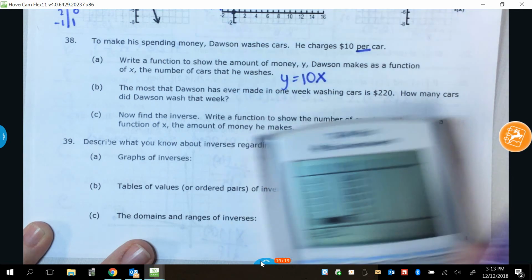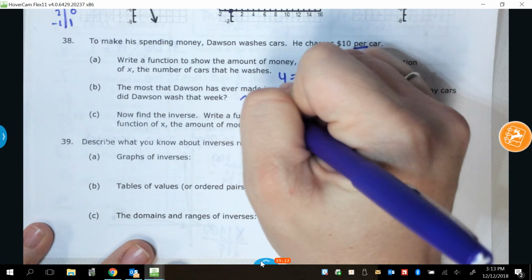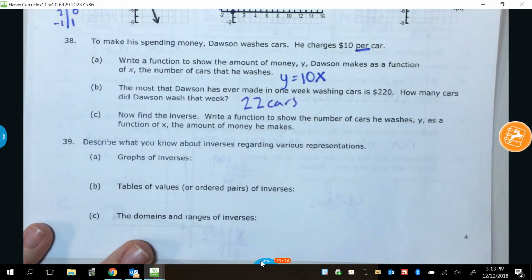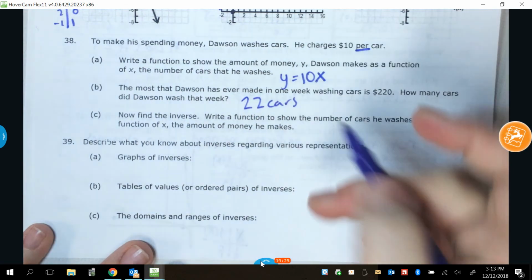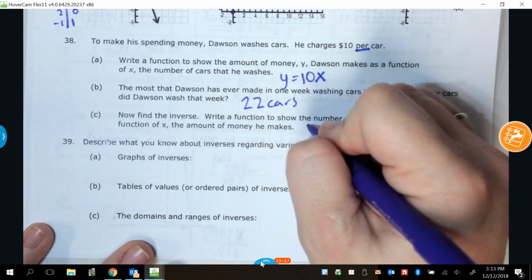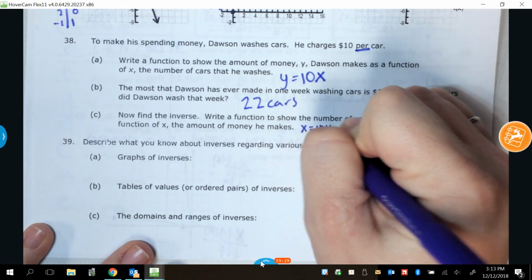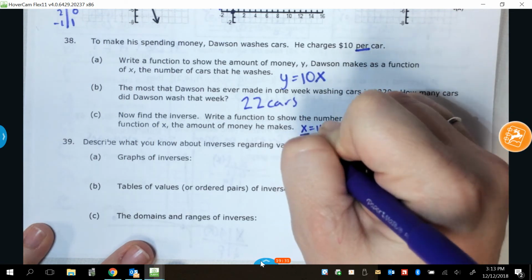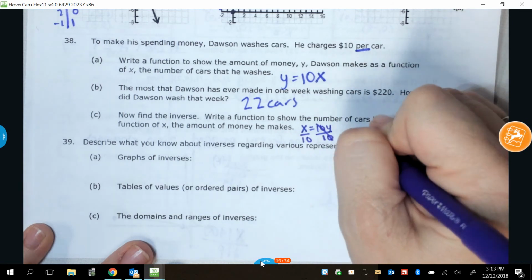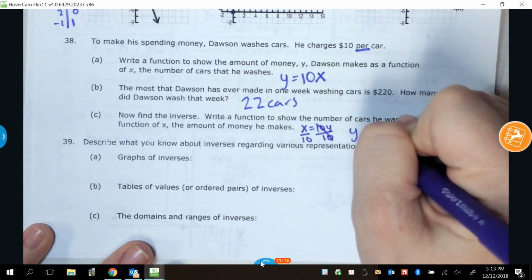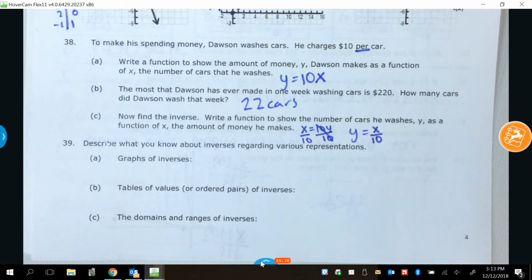And that's after washing 22 cars. Okay, so then it says now find the inverse. Well, remember, we flip x and y, so it's x equals 10y. Divide by 10 to get y by itself. I get y equals x over 10. So there is my inverse. And we could always check our work with that in the calculator.